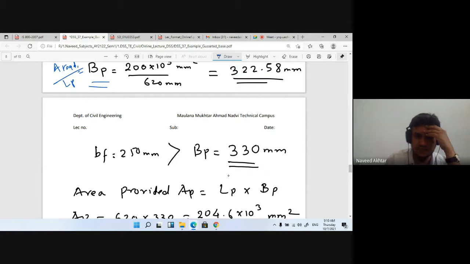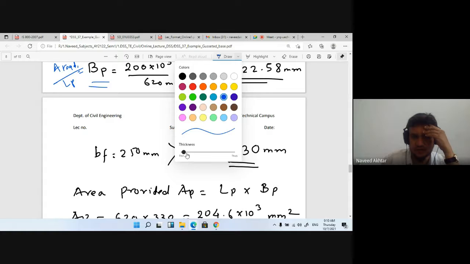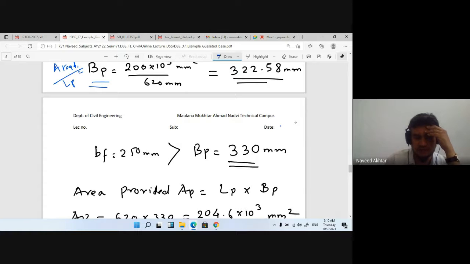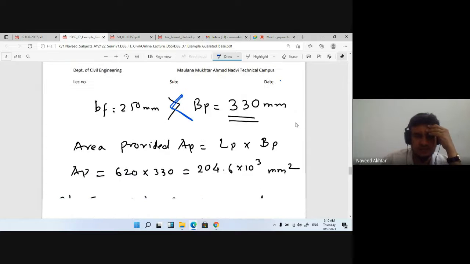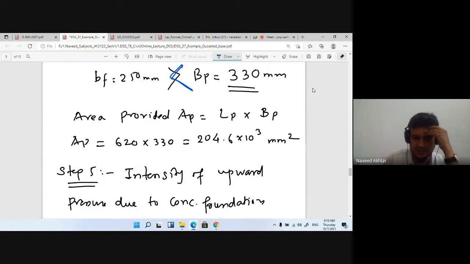That is, the breadth of plate is 330 mm, which is greater than the width of the flange. Area provided you can calculate now, that is length of plate into breadth of plate. It is coming to 204.6 into 10 to the power 3 mm square.